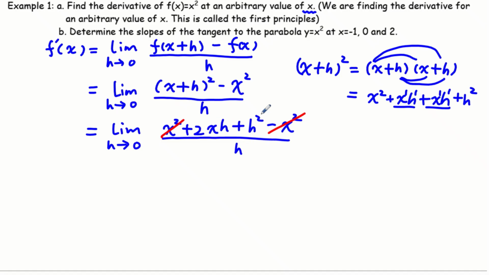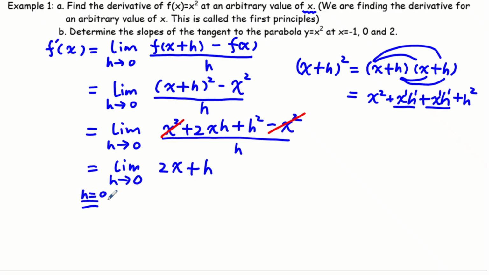We do the division, so each term we divide. 2xh divided by h cancels out, we have 2x. h squared divided by h, the degrees subtract. When you have the same base, division means subtract the exponents. So 2 minus 1, you have 1. And we don't have the denominator equal to 0 anymore, so we can do the direct substitution.